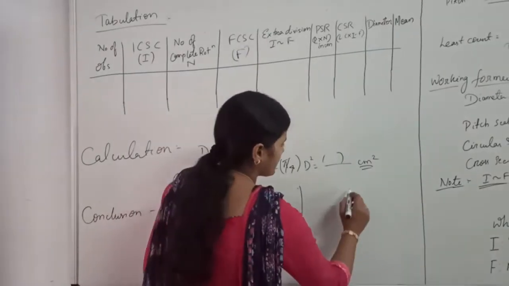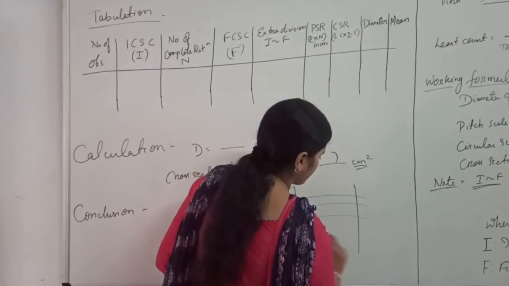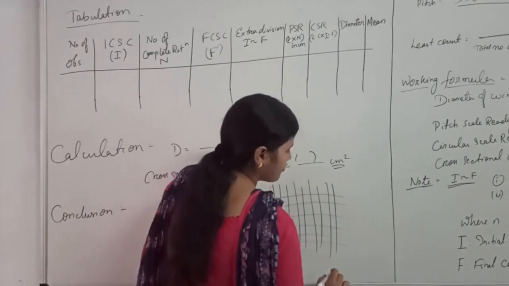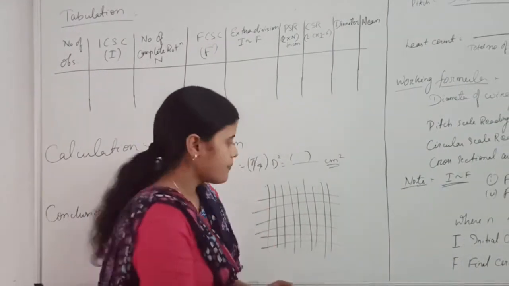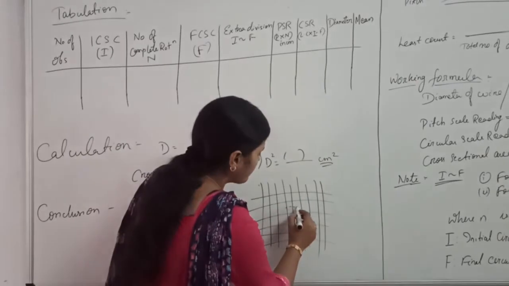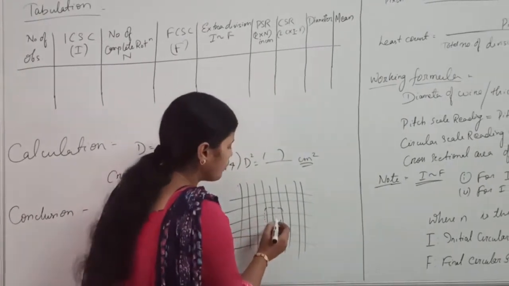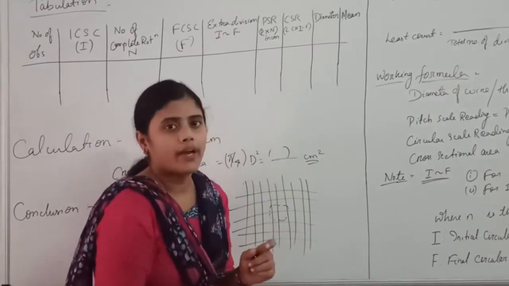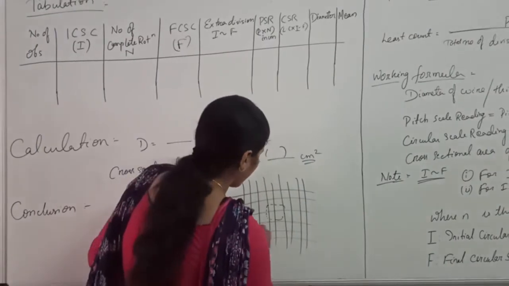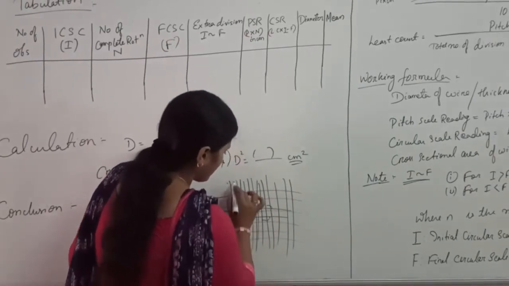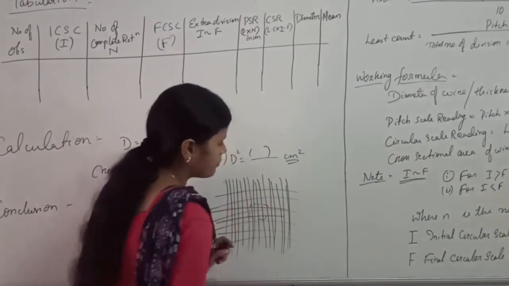Suppose a graph paper is given to you. You have to put that plain lamina on this graph paper. Then you have to draw the outline of that plain lamina. Then you have to count the number of complete squares. When you are able to find the number of complete squares, you will be able to find the volume.